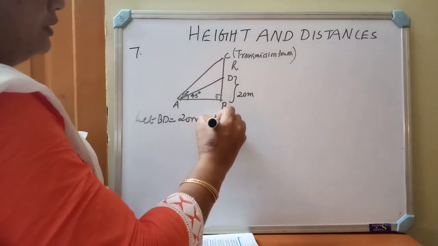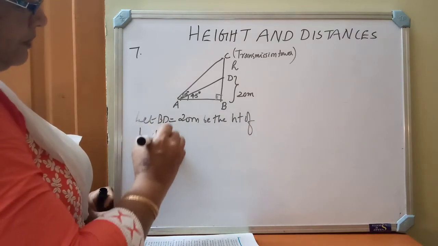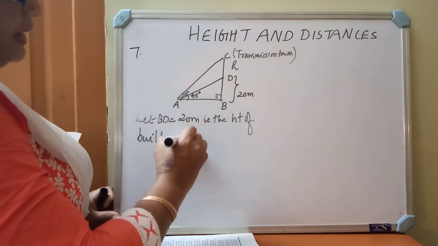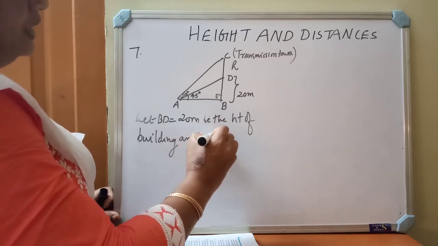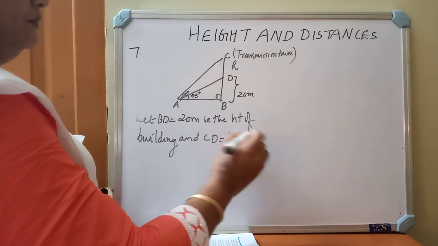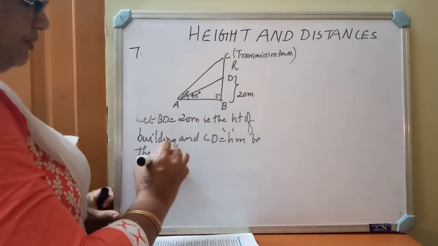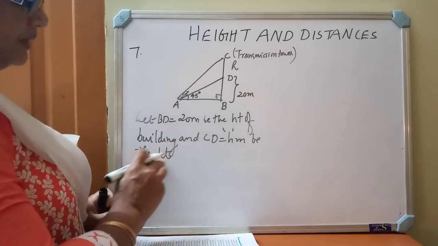BD be the height of the building, and CD equal to H meter be the height of the transmission tower.